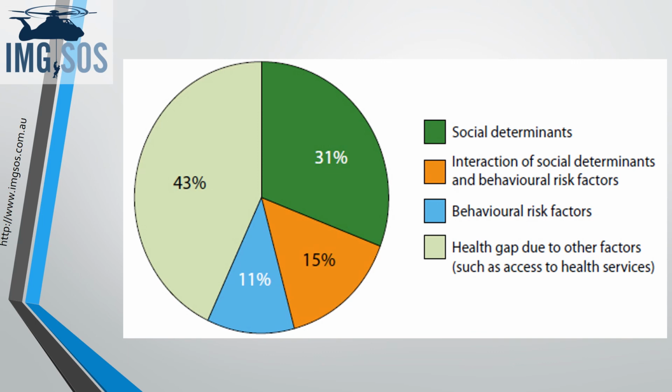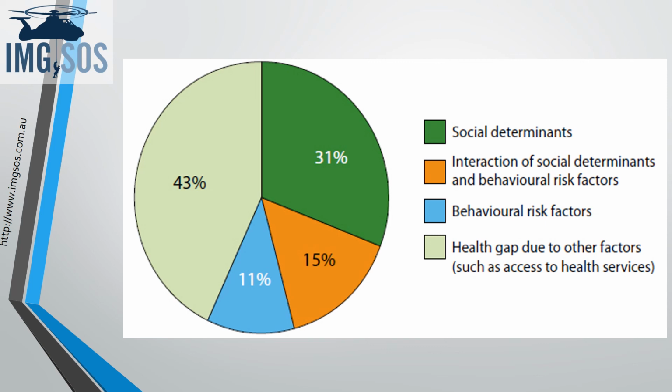Something I think is important to think about is social determinants of health. Often in medical school, we're trained to think that we change things as doctors, so that we are the ones that are responsible, obviously, for bringing health, and maybe if there was just more doctors, everything would be better. What this slide shows us is it's much more complex than that. If you're looking at remote communities, only 43% of their health problems are related to access to health services.